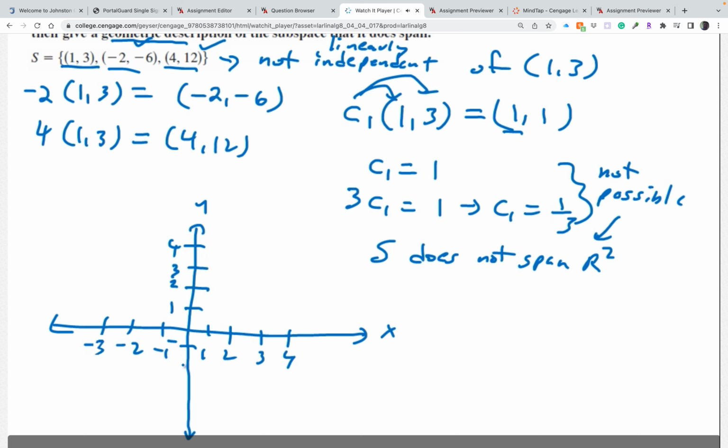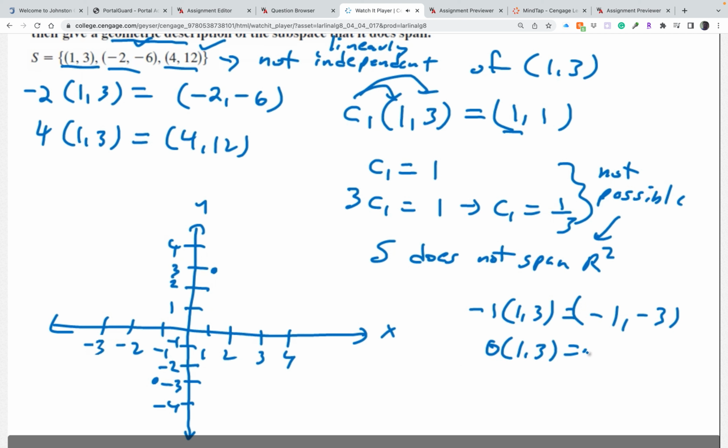We'll look at this for a few different points. For the first vector, 1, 3, we'll let x be the first coordinate and y be the second coordinate. We'll get 1, 3. If we multiply that vector by -1, we would get -1, -3, which would be down here. If we multiply it by 0, of course, we just get 0, 0, the origin.